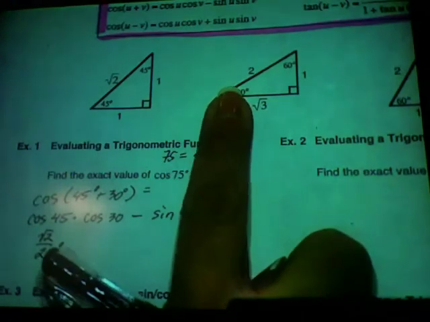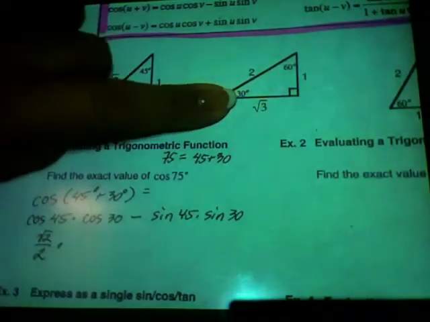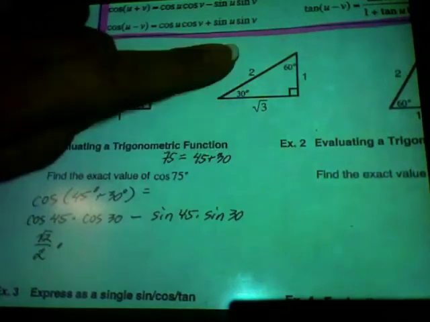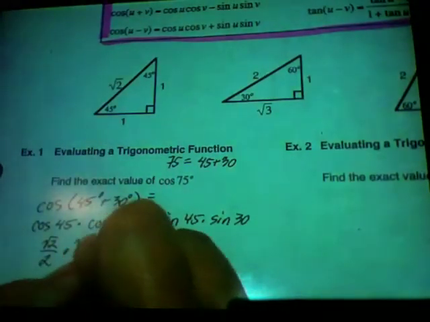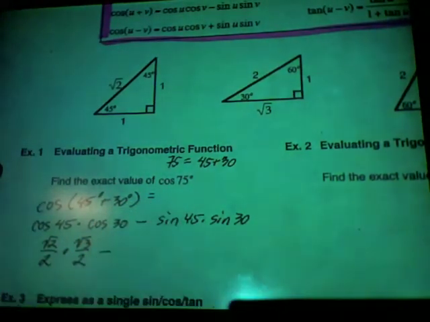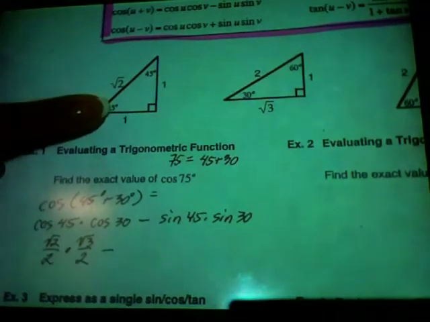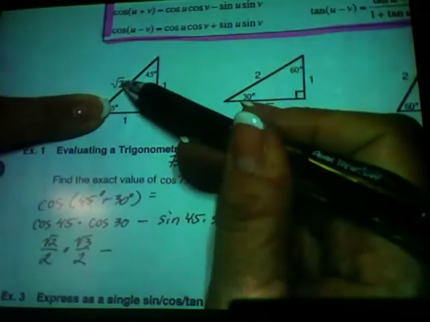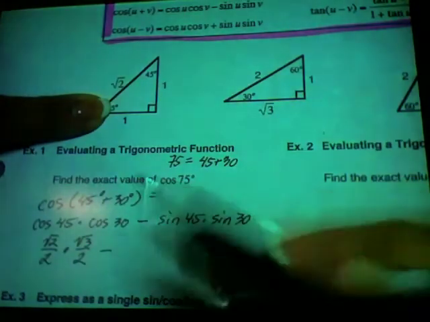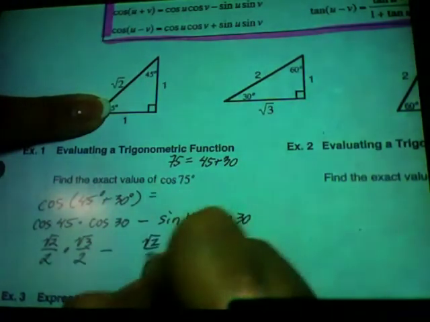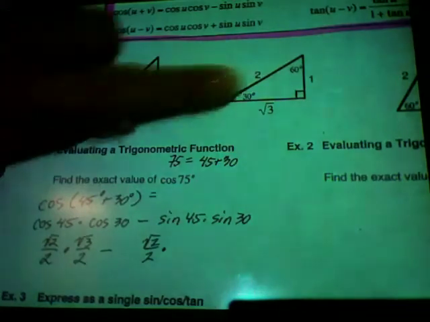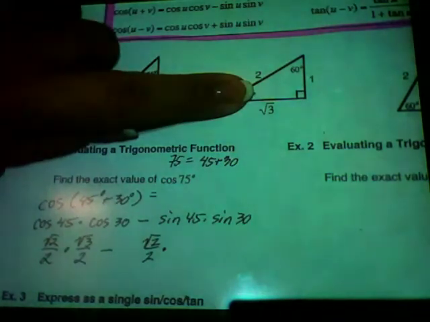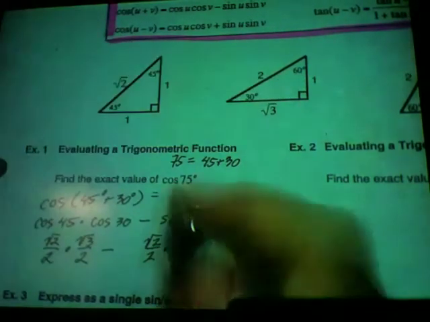What's the cosine of 30 if that's my degree of reference? Rad 3 over 2, minus, what's the sine of 45 if that's my degree of reference? 1 over rad 2, or we want to use rad 2 over 2 because it's rationalized, right? Rad 2 over 2 times what's the sine of 30? 1 over 2. So times 1/2.